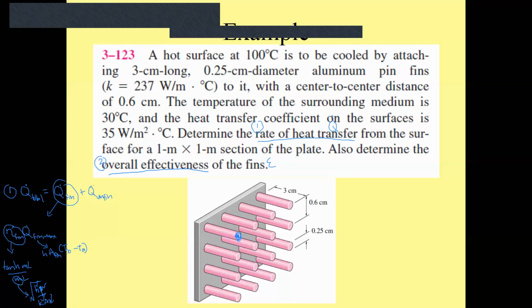The surrounding is given here, and the surface temperature here is the base temperature, and h you already have. Now, the area of the fin is given by the number of fins times the area of each fin.